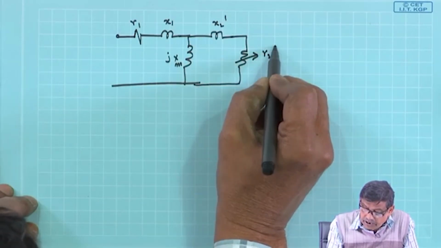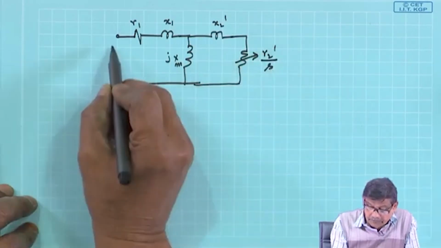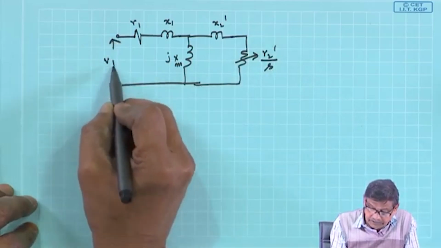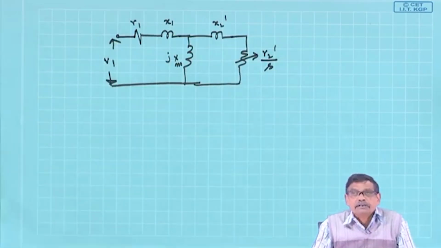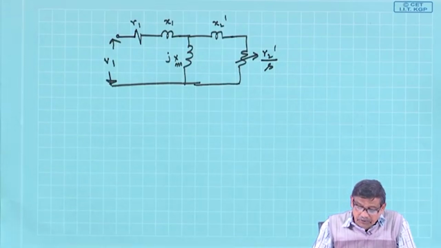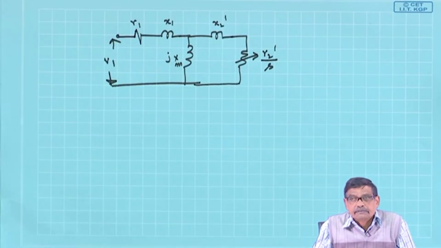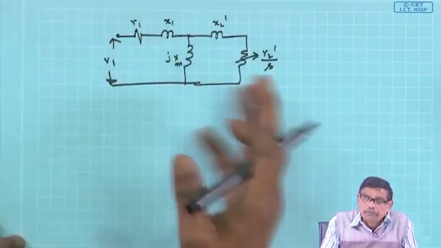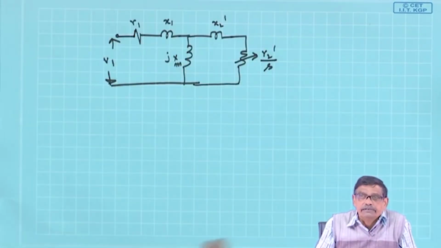That is how I was drawing it, at least for a slip ring induction motor. This is my supply voltage, and I was drawing it at any slip. Now, if it is a cage type induction motor, can I draw this type of equivalent circuit? Oh yes, you can.